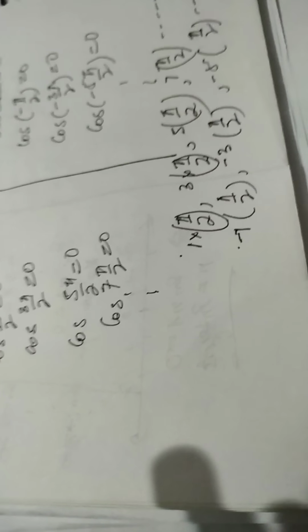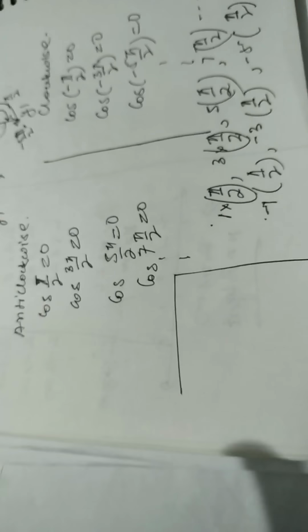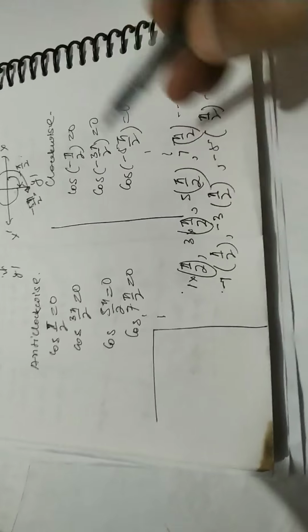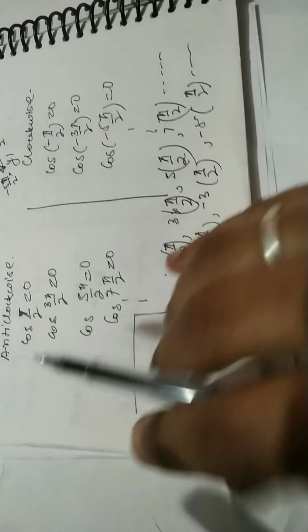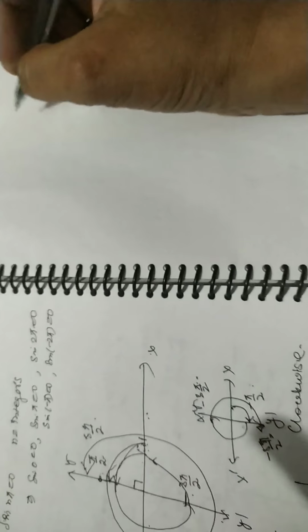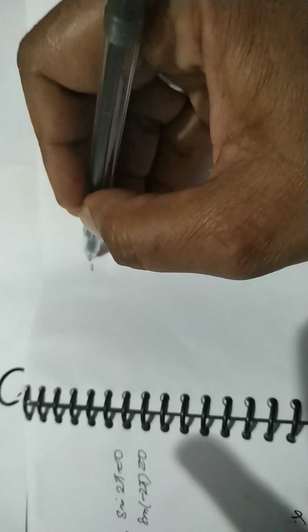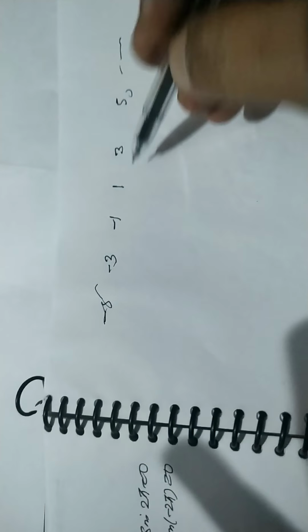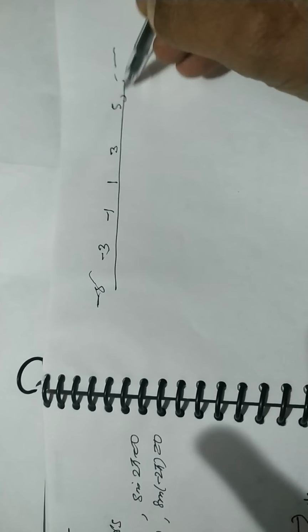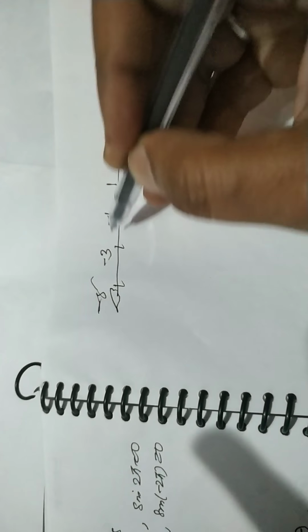Students, listen to this. Look at these numbers. I'm just writing these numbers: 1, 3, 5, and so on, and -1, -3, -5. Here cos is 0.